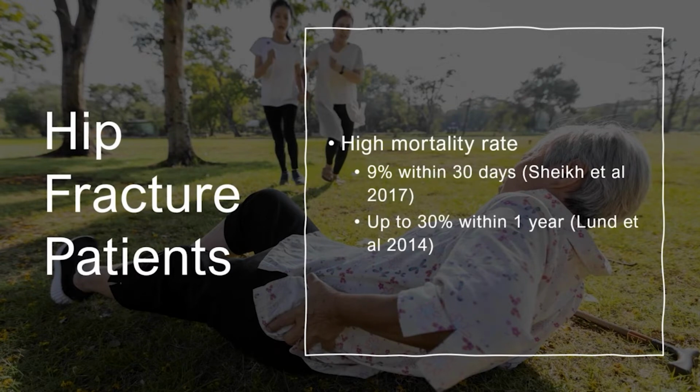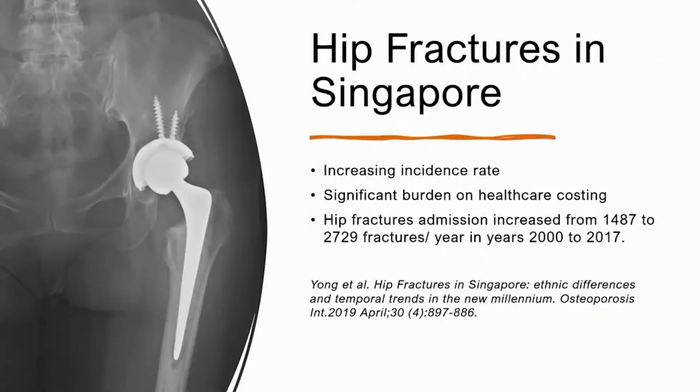Hip fracture patients present a significant challenge to our practice. Up to a third of these patients die within a year. And in Singapore, it presents a significant burden on healthcare costing.